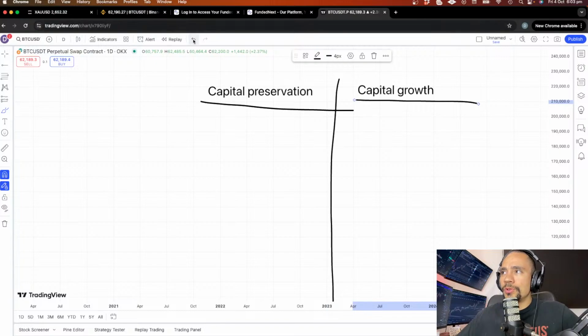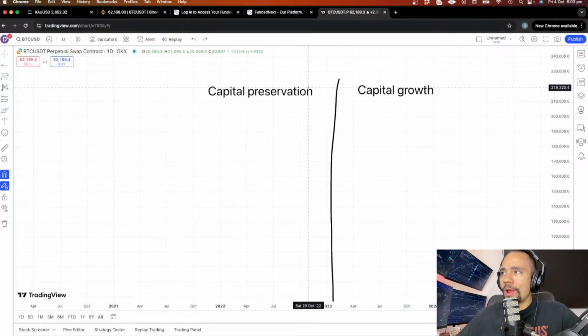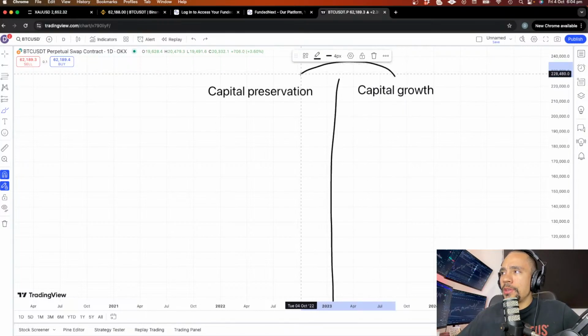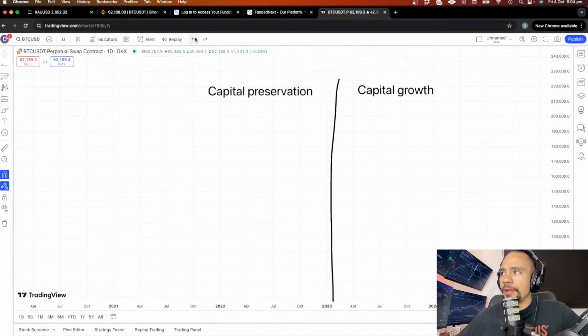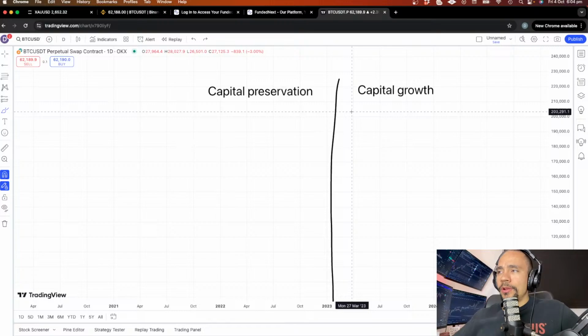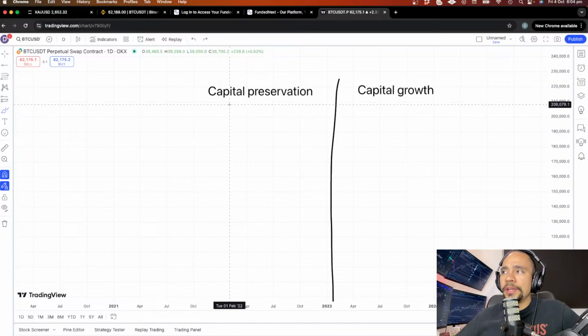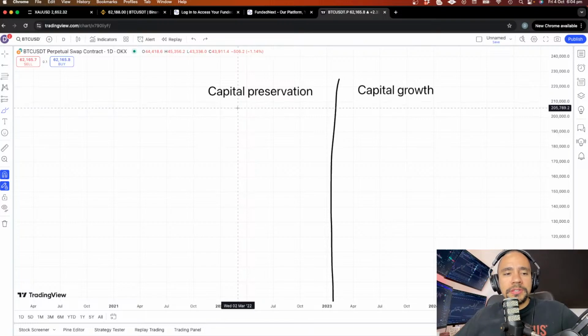So you need to find the balance where you can grow your account and at the same time preserve your capital. You don't want to risk too much in one trade. You don't want to go all in on one trade and gamble the whole money of your account away. And also you don't want to risk so little that you cannot even make a considerable amount of money that can pay for your bills and stuff.